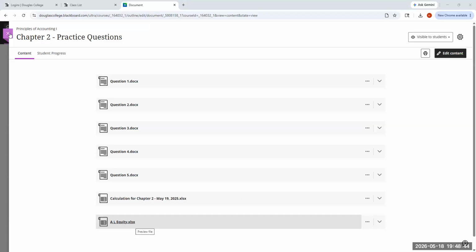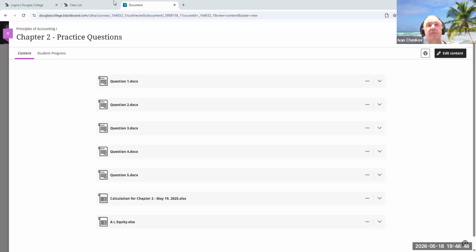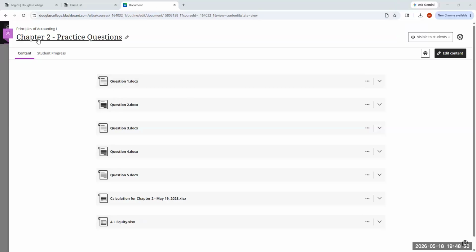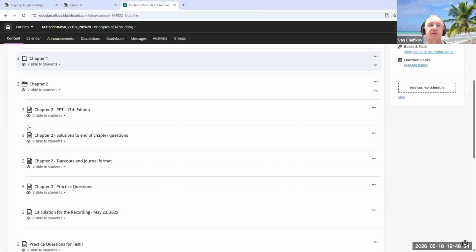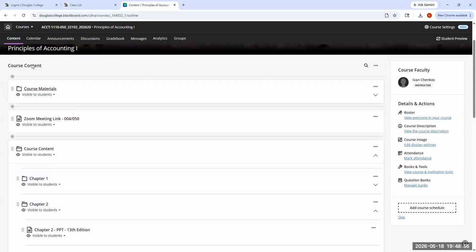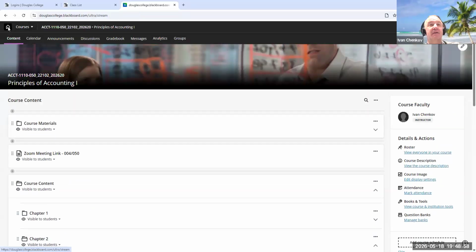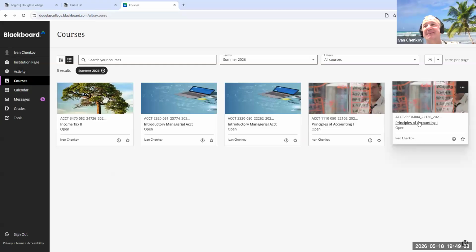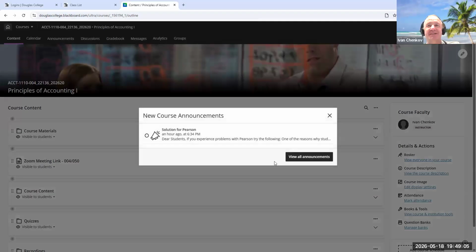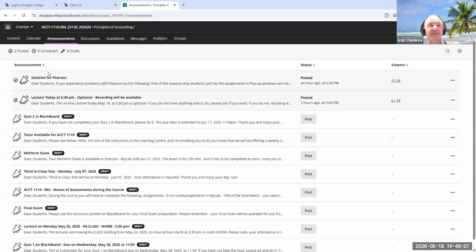Oh, it shows up. Is that for both sections? Oh, you're on the other section. Thank you for coming from the other section. Let's go to the other section and show it there as well.